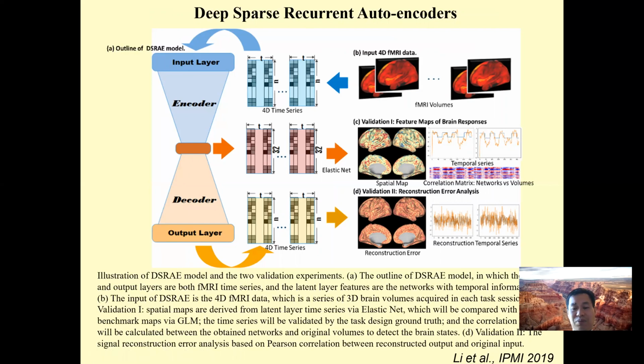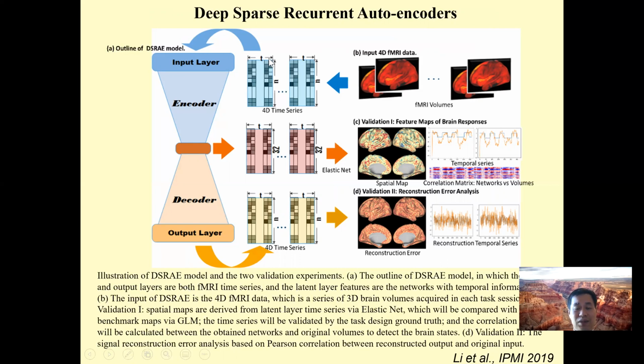Okay. So in another recent work we published in April 2019, my student Qinglin and other students and collaborators in my lab designed a model called DSRAE, the deep sparse recurrent autoencoder.